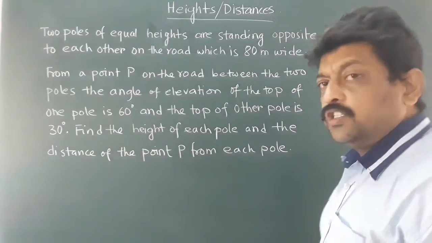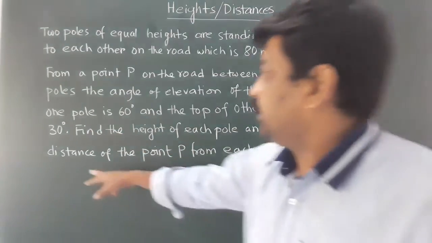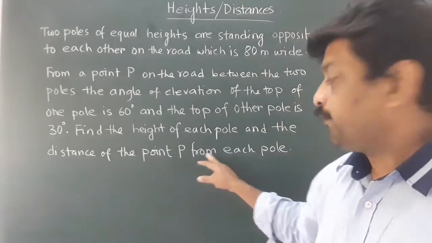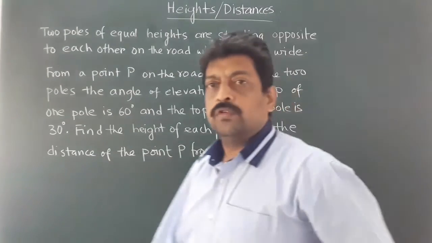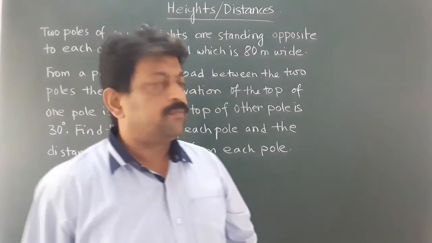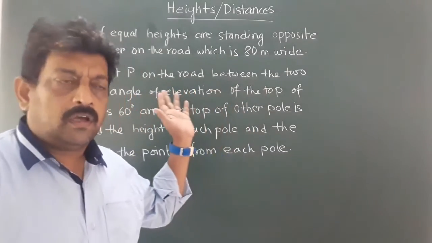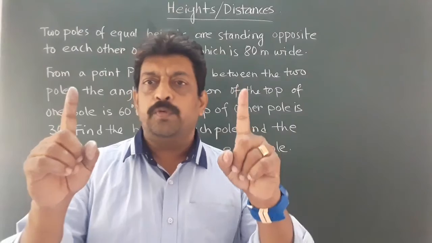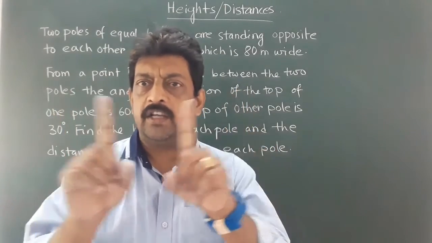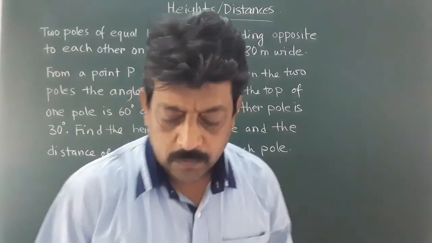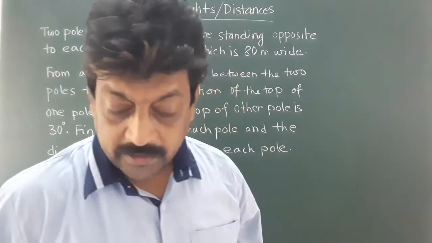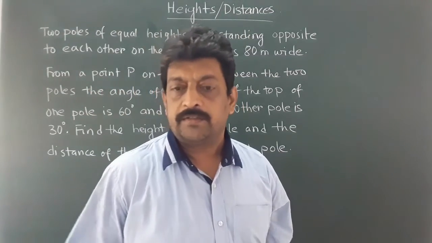Find the height of each pole and the distance of the point P from each pole. So this is a very simple type of question. As you can see in the question, there are two poles of equal height and they are standing opposite to each other on a road. So let me draw the diagram which will make it easier for you to understand.